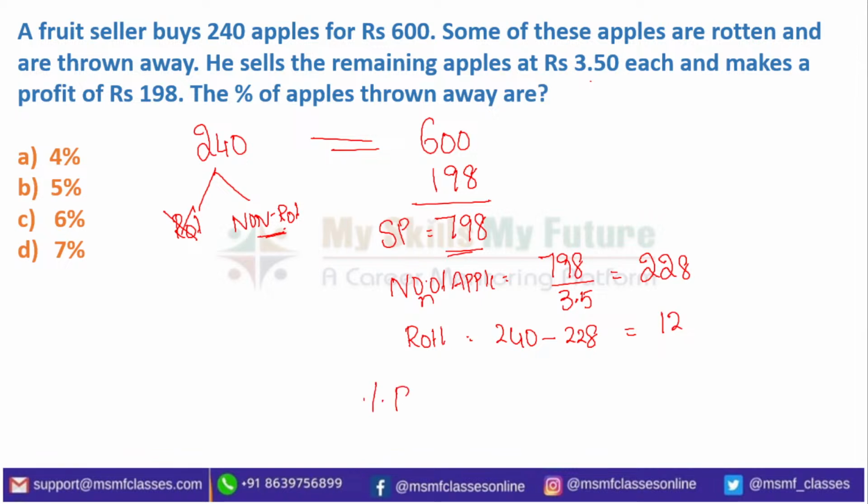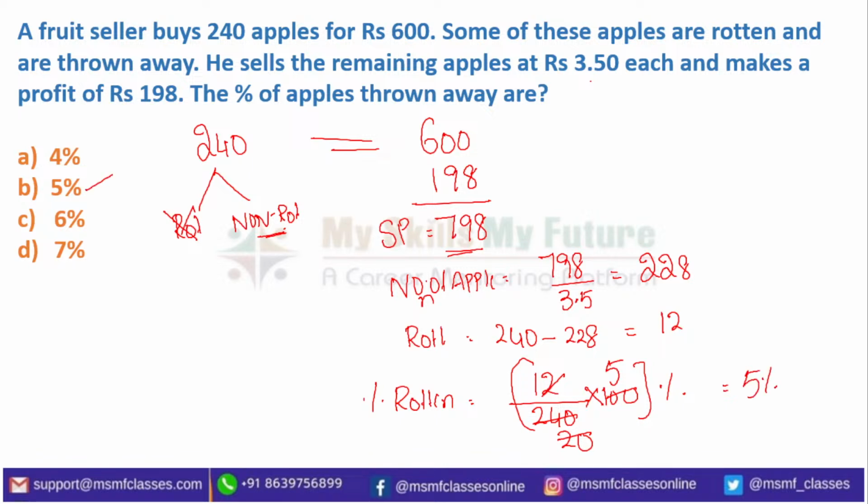Percentage of rotten apples equal to 12 divided by total number of apples 240, 12 by 240 into 100. 12 one times 12, 20 times, which simplifies to 5 times, means 5%. 5% represents option B is the correct answer.